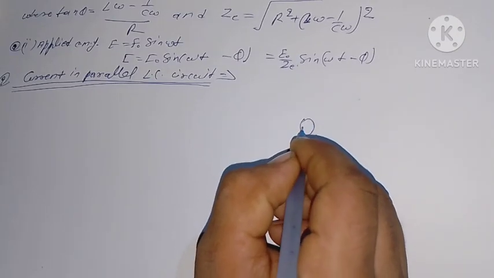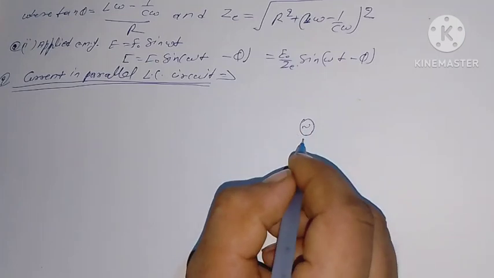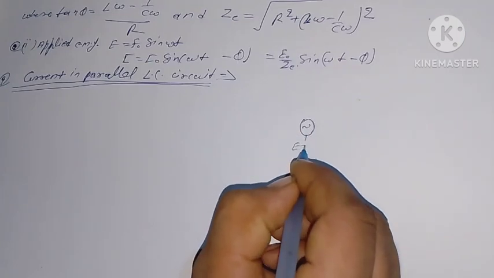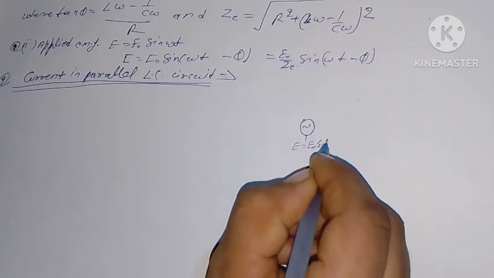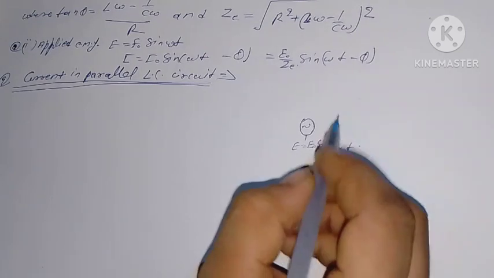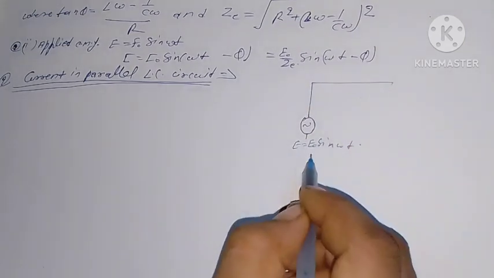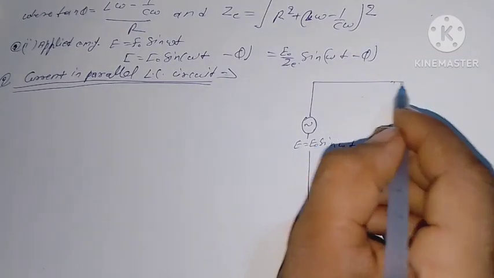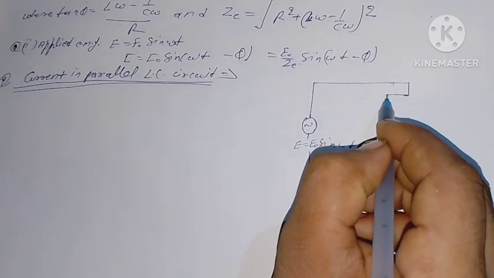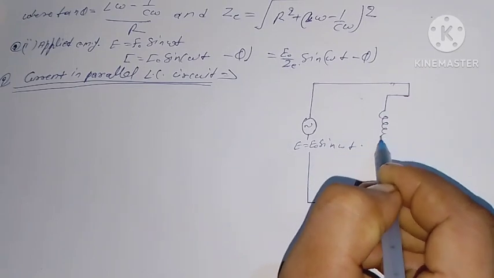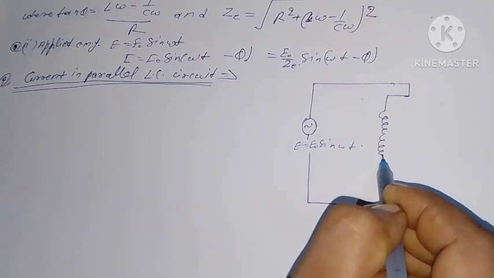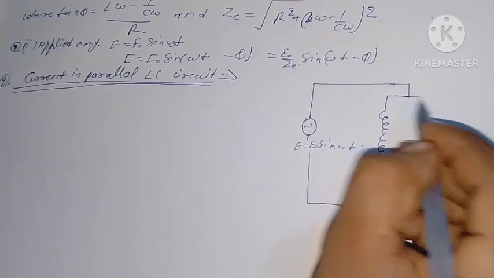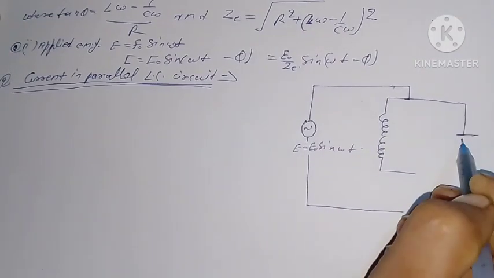This is an AC source, E equal to E naught sin omega t, and this is inductance, and this is capacitance.